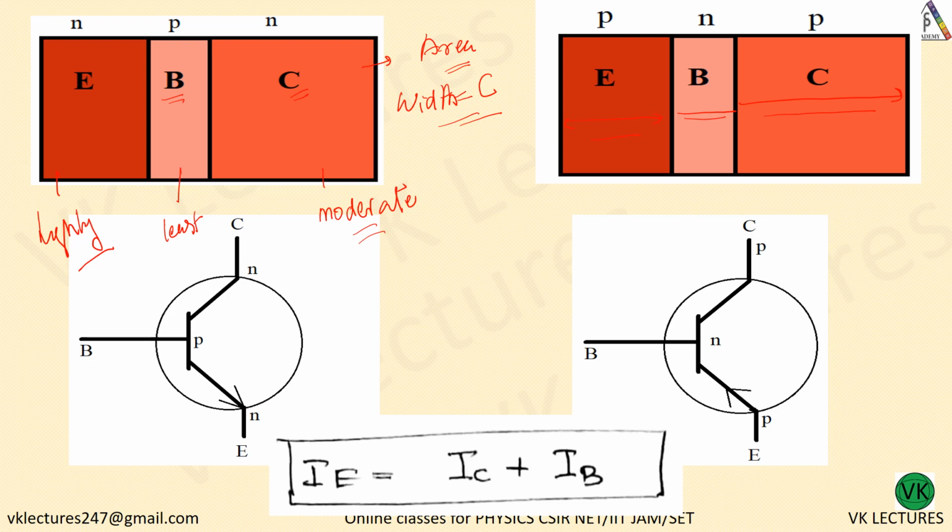Now this is the circuit symbol for the NPN transistor, N, P and N, and this arrow mark indicates the direction of current.